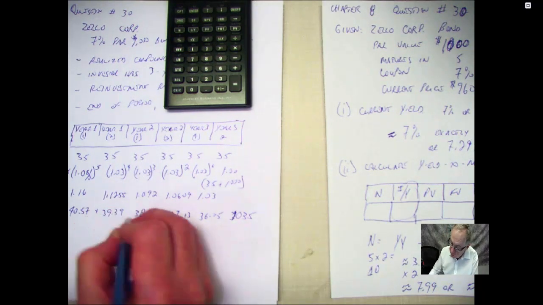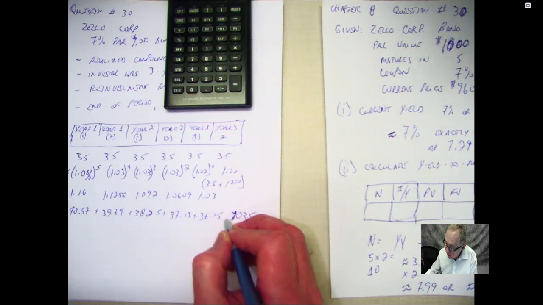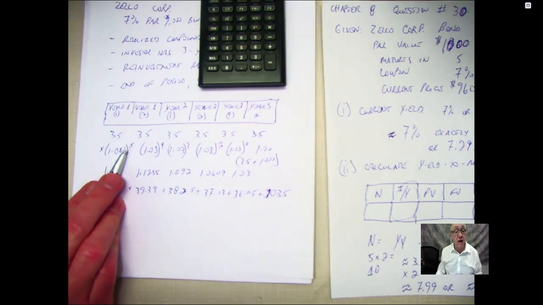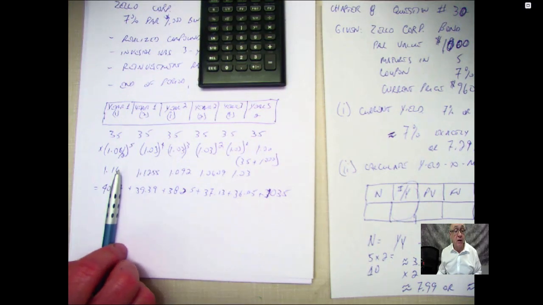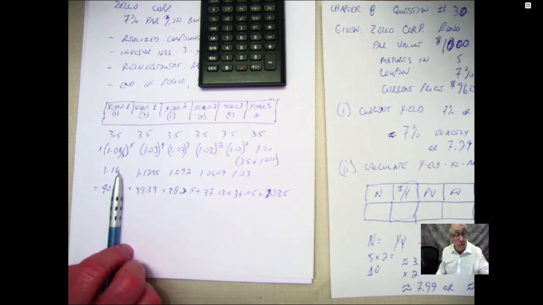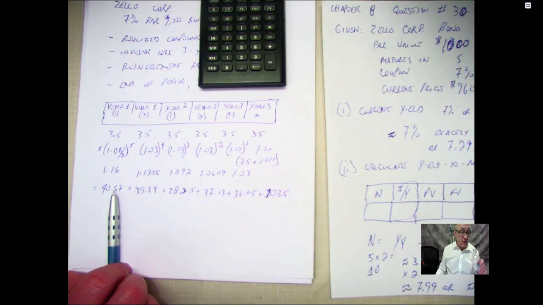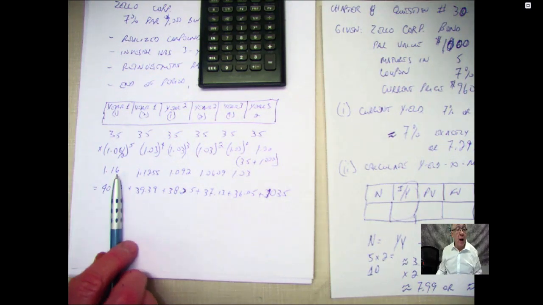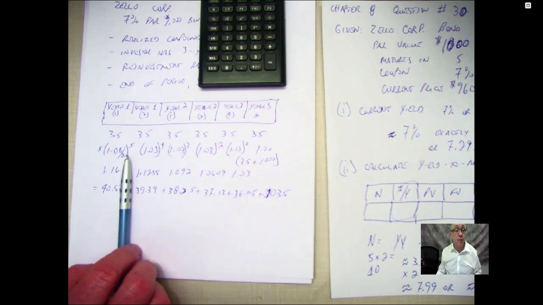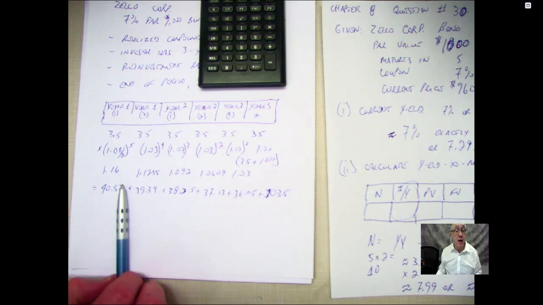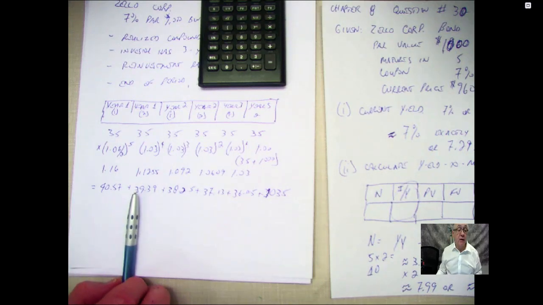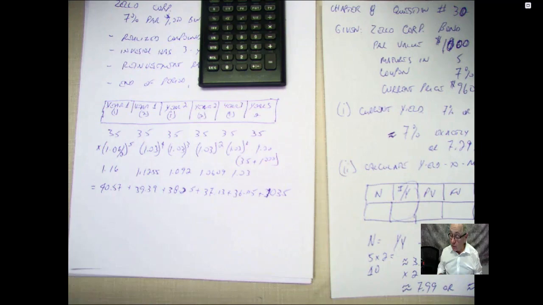So our cash flows for all of these periods: $35, reinvested at 6% annually, or 3% semi-annually compounded, will give us $40.57. In other words, compounding $35 for 5 periods at 3% semi-annually will have a future value of $40.57 in 3 years. The same for all of our different pieces.